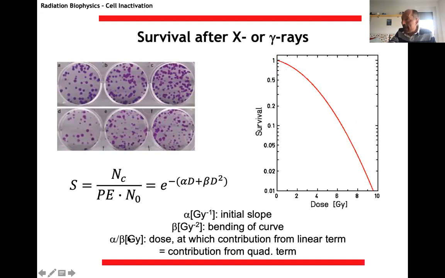A very low alpha beta ratio means that this bending in the curve is very significant. So the alpha beta ratio gives you an idea of the radiosensitivity of the cells, because we will see beta is related to the repair. So very radiosensitive cells have very high alpha beta ratio, very radioresistant cells have very low alpha beta ratio.